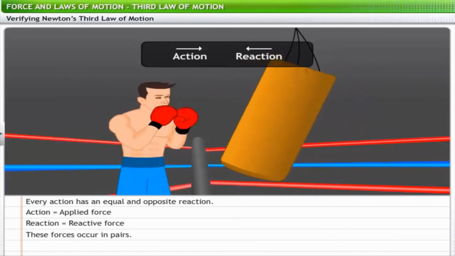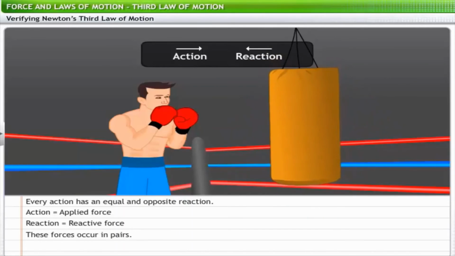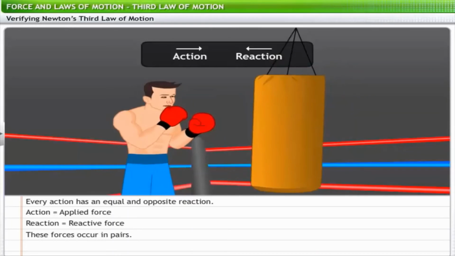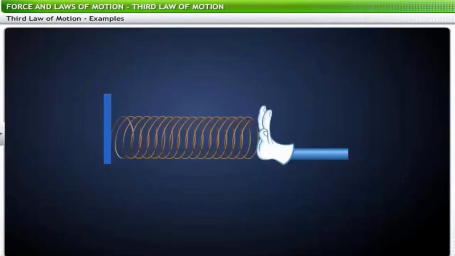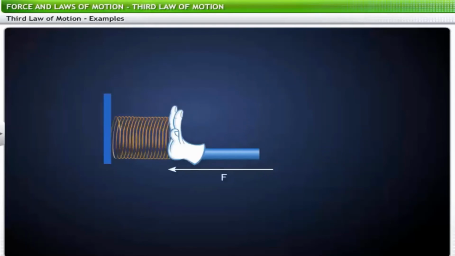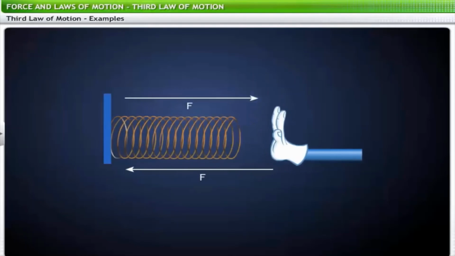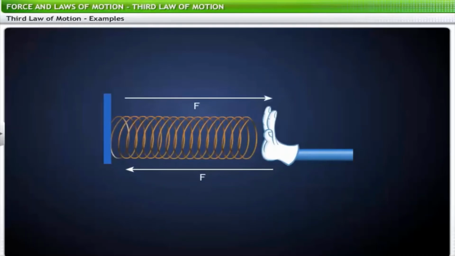Thus, the force exerted by the boxer and the force with which the sandbag hits back form a pair. Let's examine some other situations where this law can be observed. If you push a spring fixed to a metal block with a force F, the spring pushes against your hand with the same magnitude of force, that is, F.